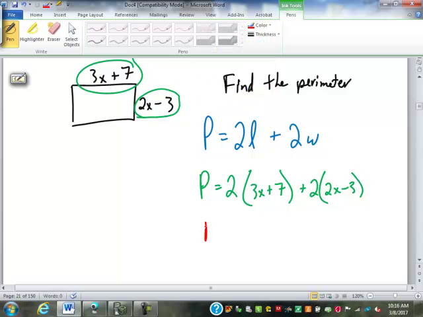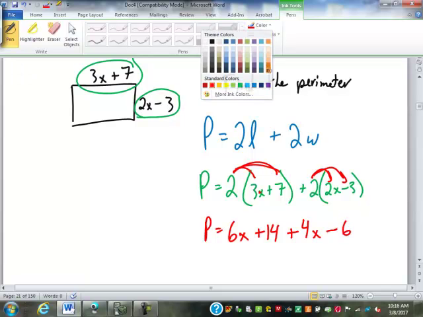So now if you left it like that, I couldn't mark it wrong, but we can simplify it. We'll distribute: 2 times 3x, 6x, 2 times 7, 14. Over here, 2 times 2x, positive 4x, and 2 times negative 3, negative 6.